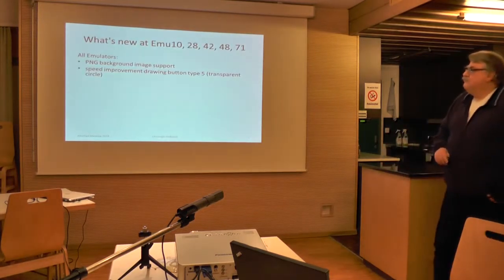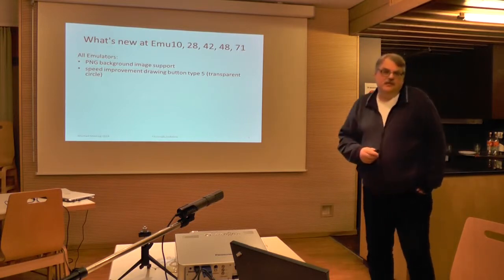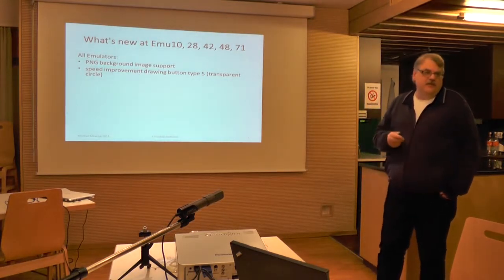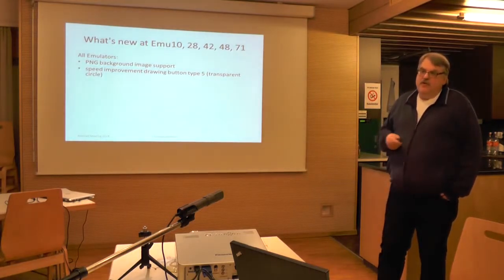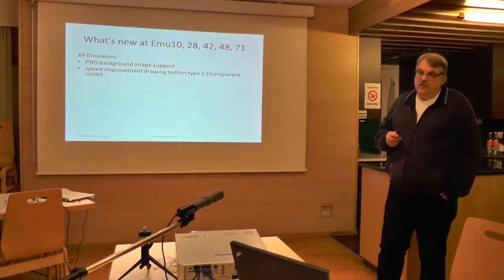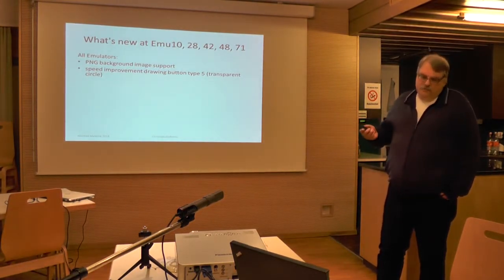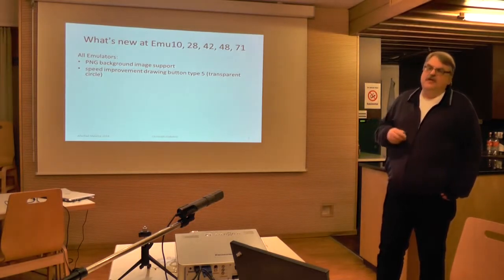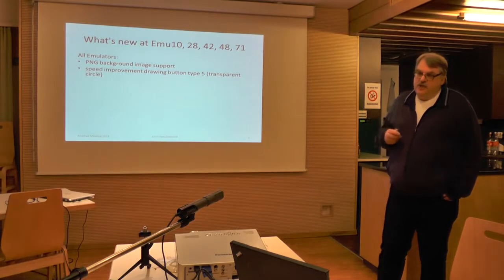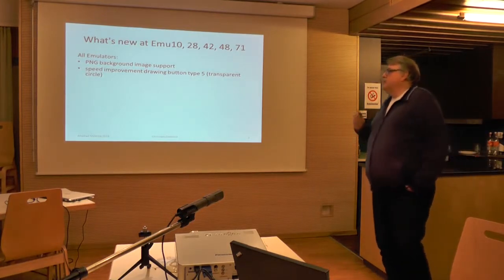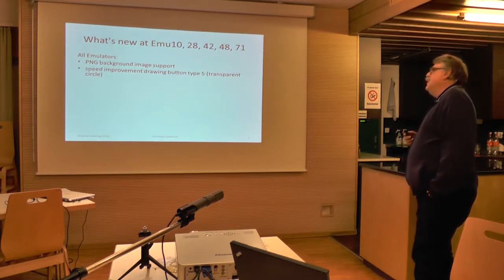So, what's new? All emulators got PNG background image support. The emulators need a background image, and so far they have the BMP, Windows BMP format, and GIF format. GIF has the advantage that you could compress these files, but it's only useful for 256 color images, and so PNG is an enhancement for compressed bitmaps.